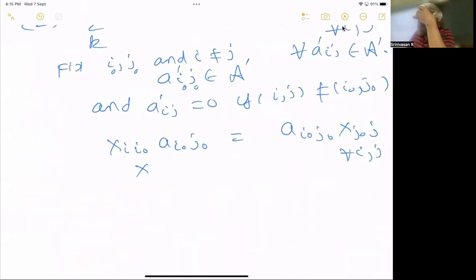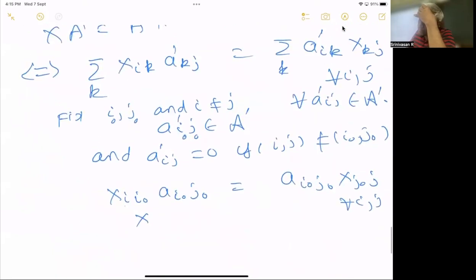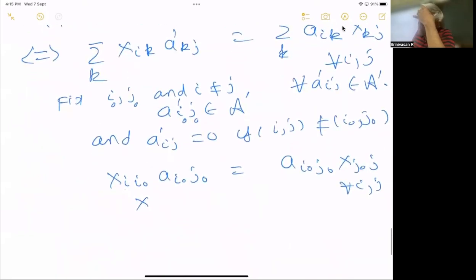So have I made any mistake? This is true for all i, j. So x_{i0} equal to a_{i0 j0}, there it becomes 0. You can even take a_{i0 j0} to be a scalar.